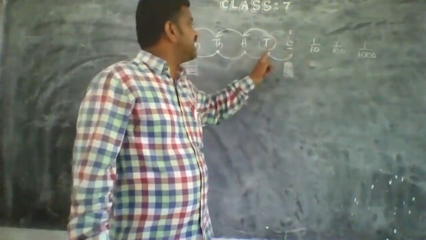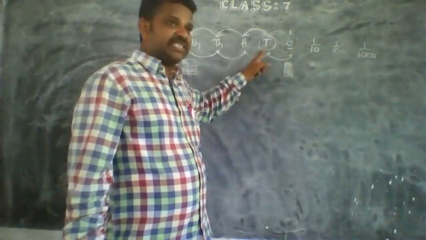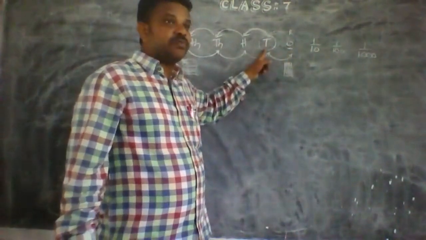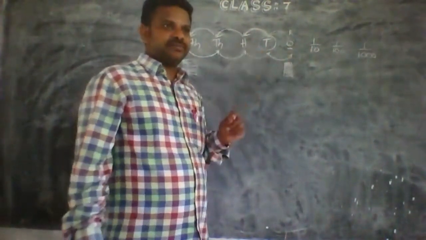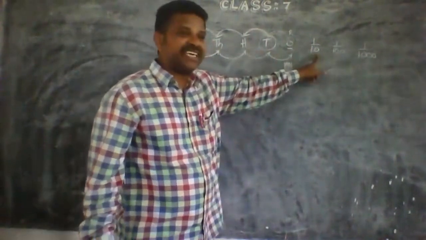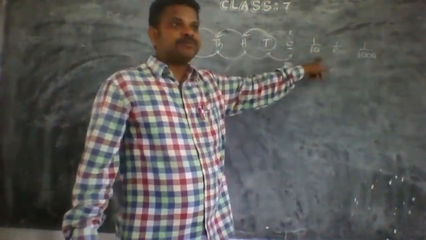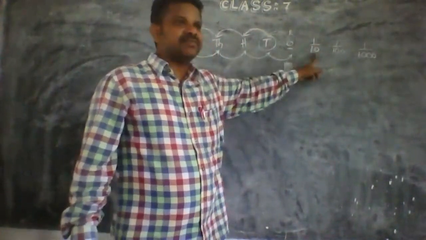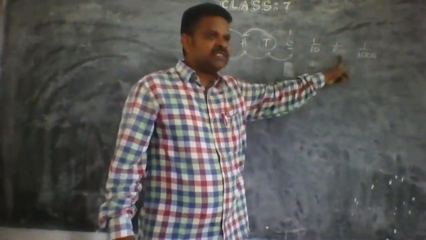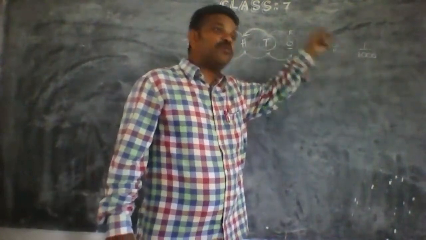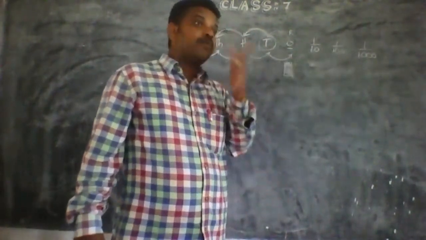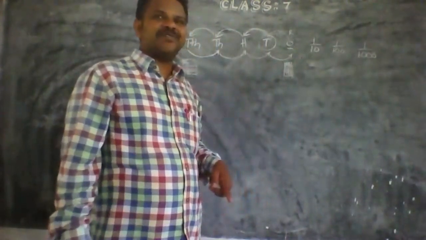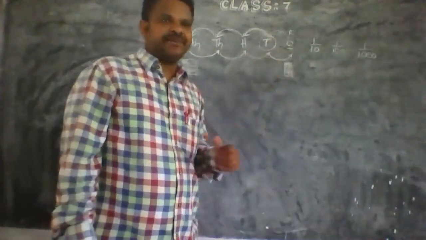What about one's place? That is 1/10 part of 10. But this place is 1/10 part of 1. 1/10 part of 1 is 1/10. What about the next place? 1/10 part of 1/10 means 1/100.